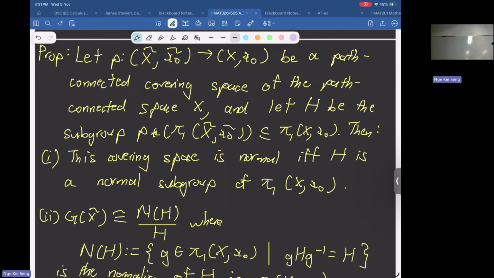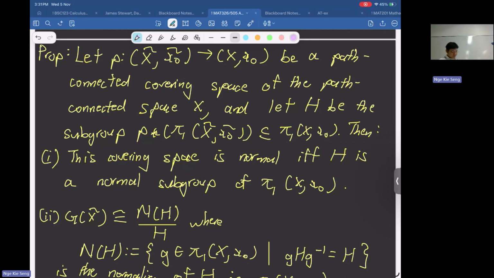So we talk about a normal covering space when the image subgroup of its pi1 is normal inside pi1. This is where the topology meshes with group theory. If your image subgroup is normal, that means there is a deck transformation that sends every leaf to every other leaf. Very strong.